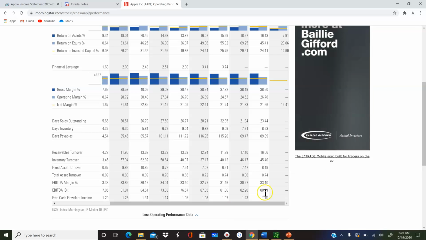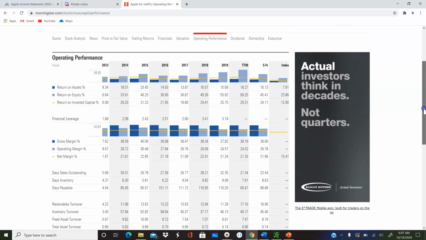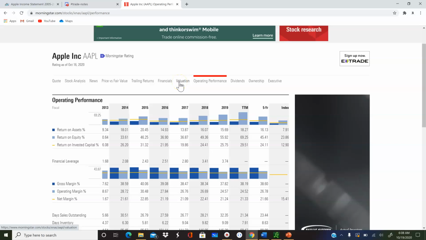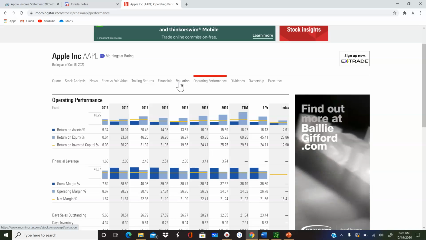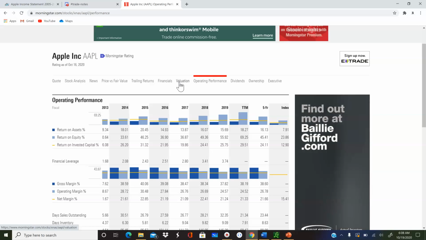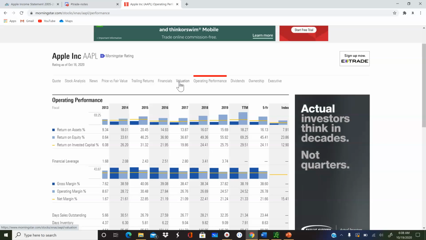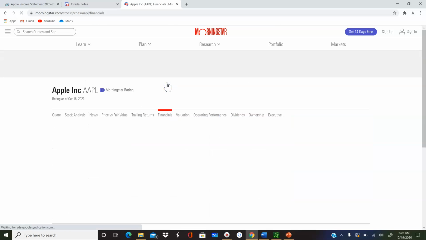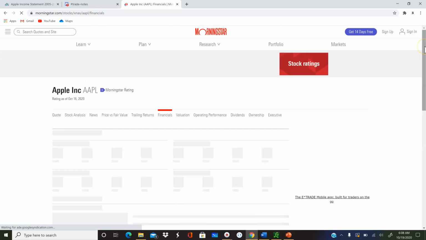All right, so let's go into the total asset turnover ratio. Very simple calculation. Again, you'll need the income statement and the balance sheet to do this. Like the fixed asset turnover ratio, you take the net sales and divide it by the total assets that the company has, and that'll give you the total asset turnover ratio.